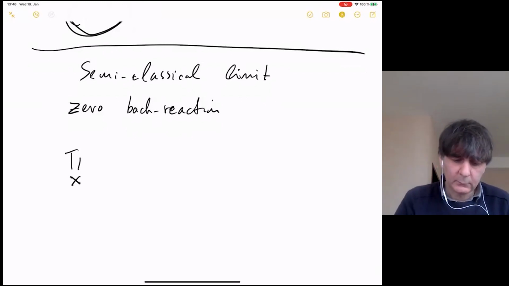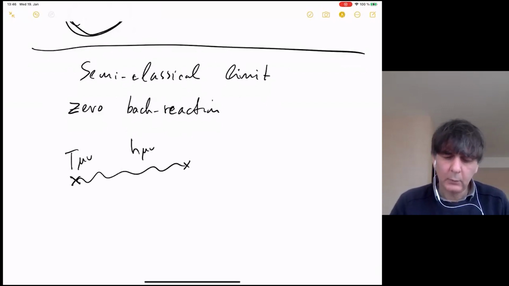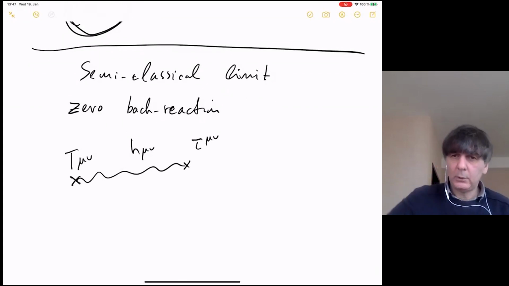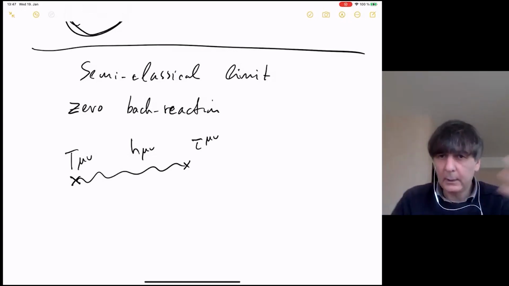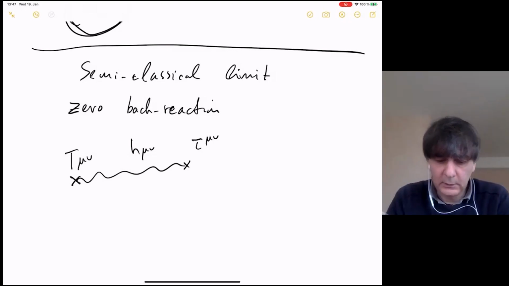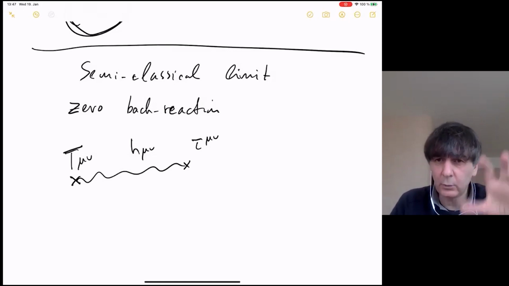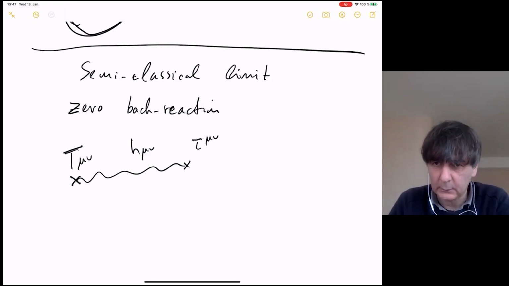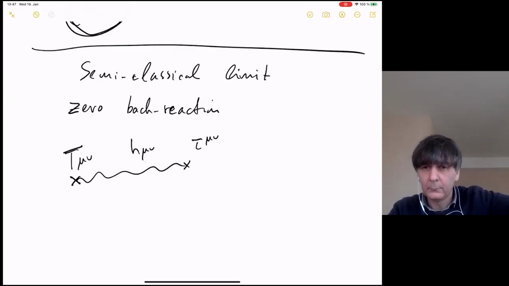Here we have T mu nu. This produces a gravitational field h mu nu, and then we have a probe, tau mu nu, moving in the gravitational field produced by T mu nu. We are interested in the situation when tau mu nu is a quantum particle. So there is a quantum particle moving in the background gravitational field.